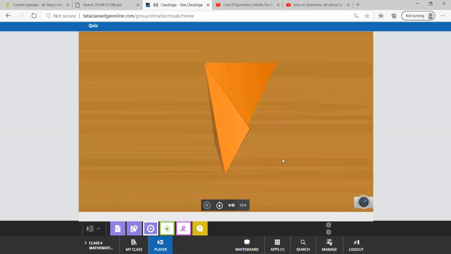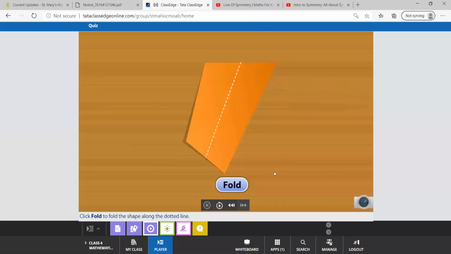The shape does not form identical parts when folded along this line. Well, let's try folding it along this dotted line. Click the fold button to see it fold against the dotted line. So in the first case, it was not symmetrical, so we are trying another line of symmetry.